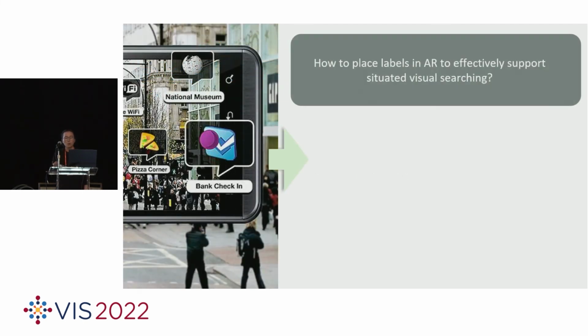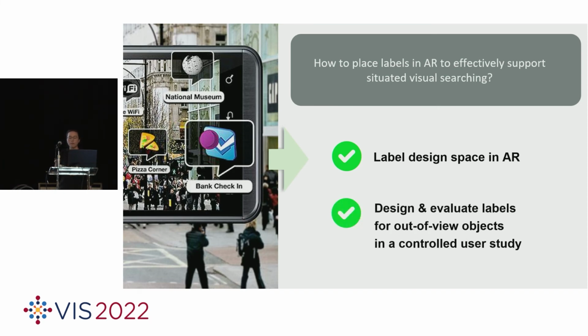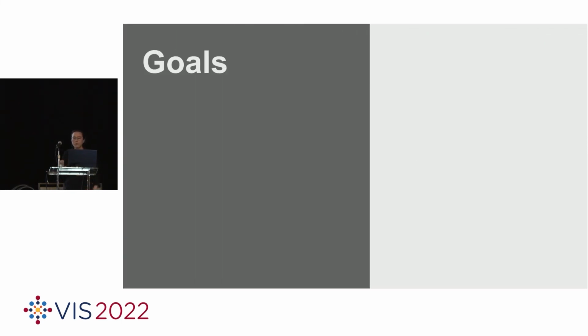In our study, we want to understand how to place labels in AR to effectively support visual searching tasks. We first systematically explored the design space of AR labels with a focus on out-of-view objects. We then designed and evaluated 5 distinct labels in a controlled user study. To identify the design requirements for AR labels, we first conducted a goal and task analysis. 2 goals were identified.